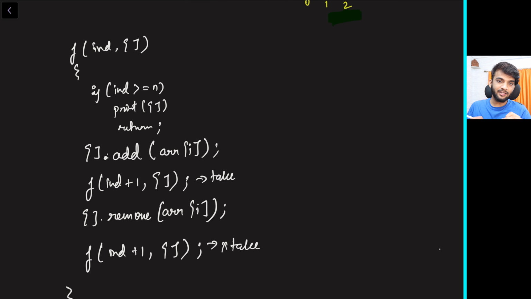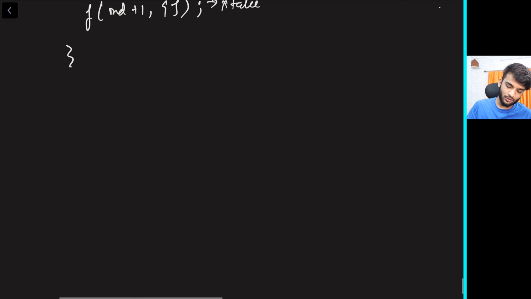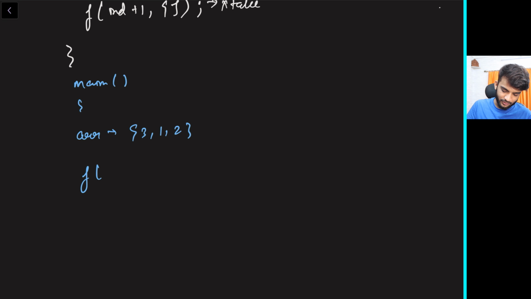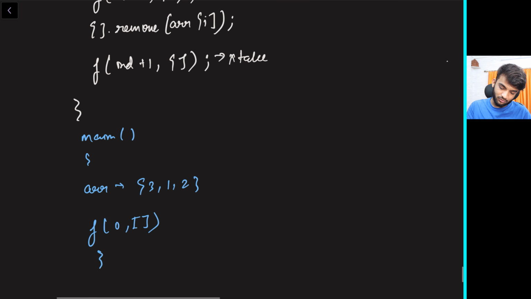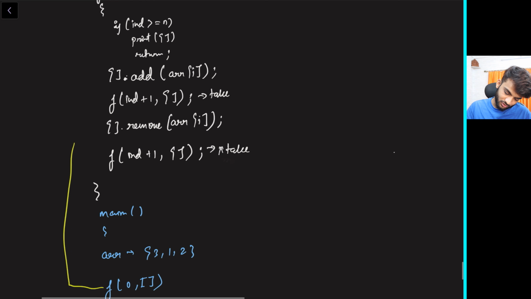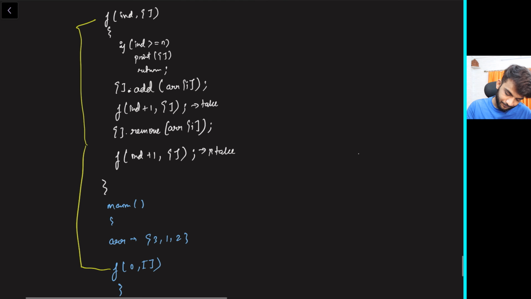Now let's understand how this code works using a main function. If I write a main function and I'm assuming you have the array as 3 1 2, and then you call this function with index 0 and an empty array, this function basically calls this particular function.